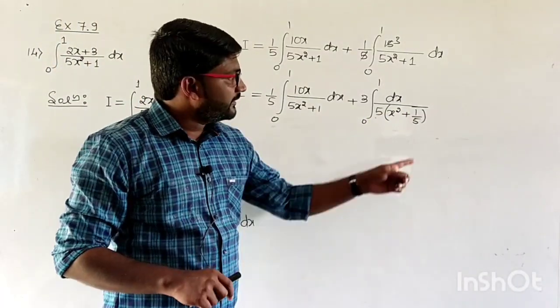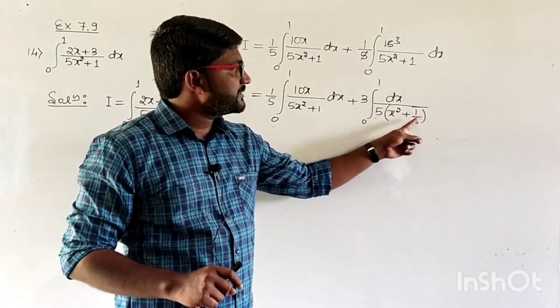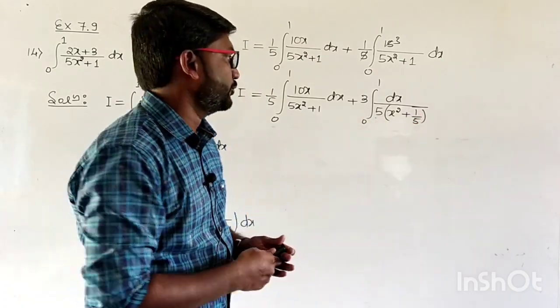Now here we have to write 1 by 5 as 1 by root 5 the whole square.